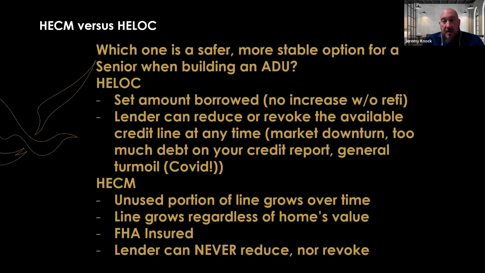So when COVID started in March of 2020, the big four banks that were doing HELOCs all stopped doing them. And the people that had HELOCs available to them, many of them had them reduced down to whatever they owed or turned off entirely. Some of them didn't get there, but the ones that I found that didn't were like 780 to 800 plus FICO scores, no other debt on their credit.